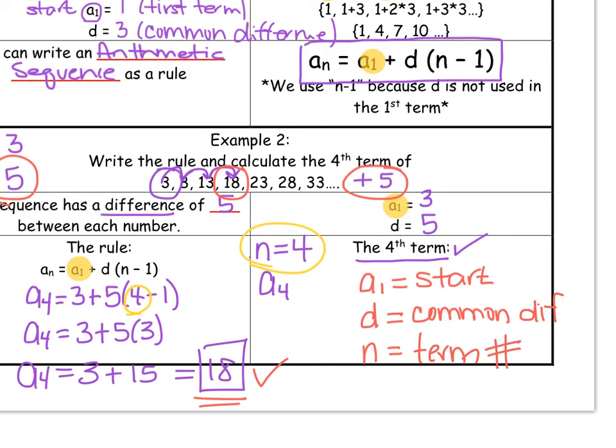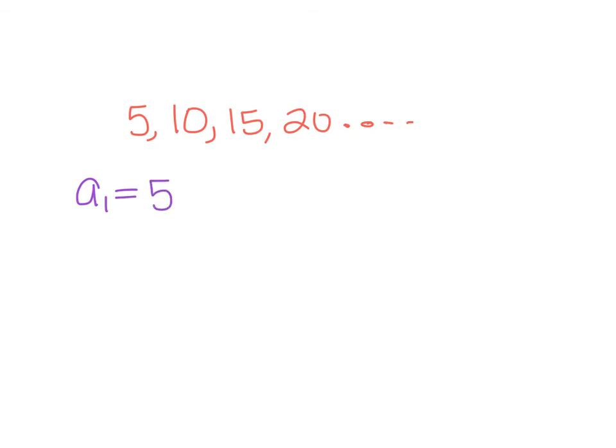So let's do one, and we're going to do several examples in class tomorrow. Let's take a look at the sequence 5, we'll pick an easy one, 10, 15, 20, and we can keep going and going. We want to identify our start, and our starting term is 5. How am I getting from one number to the next?